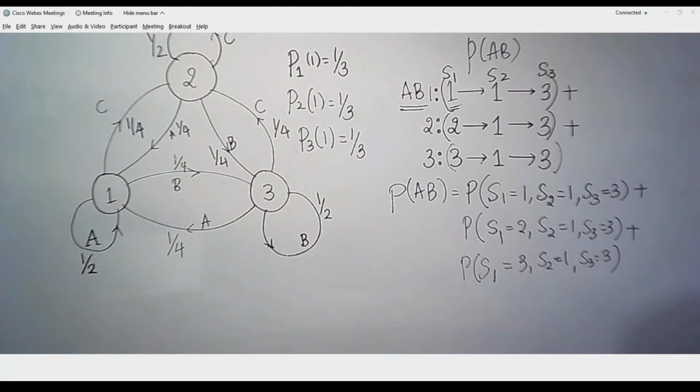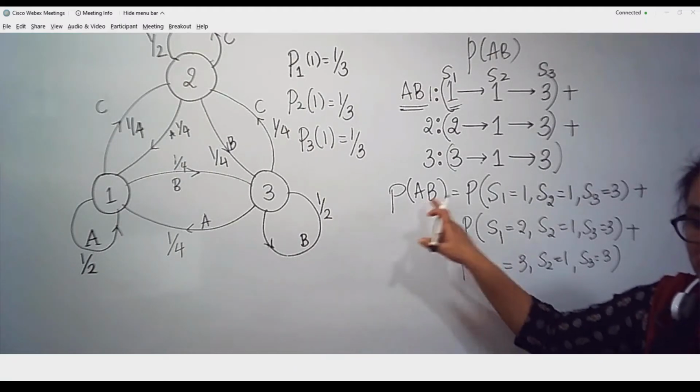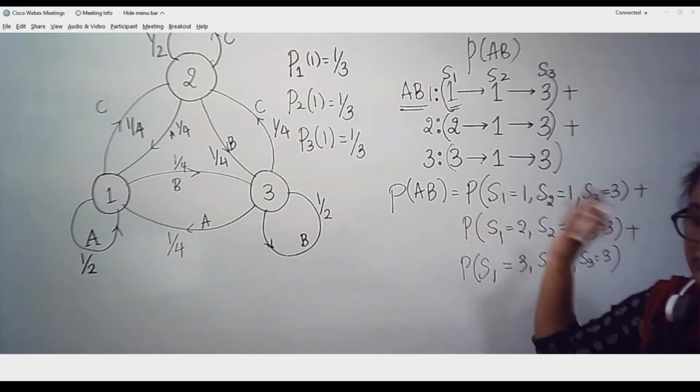This is the total probability of getting a message called AB.